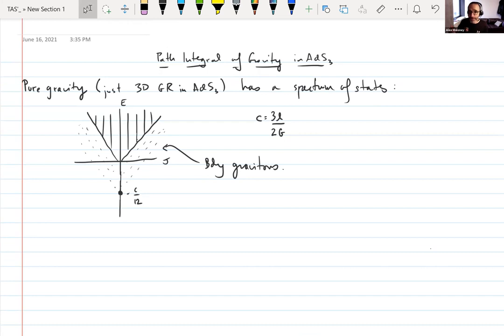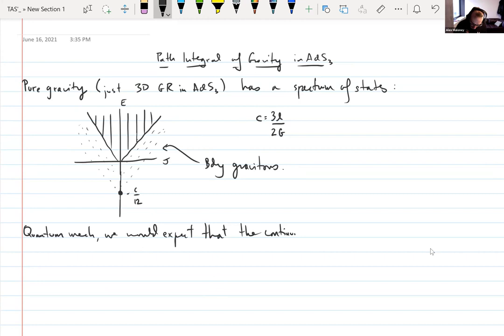And here what I mean is a quantum theory of pure gravity, namely one that I would get by quantizing general relativity. So quantum mechanically, we would expect that the continuum of black hole states would be replaced by some sort of discrete spectrum.